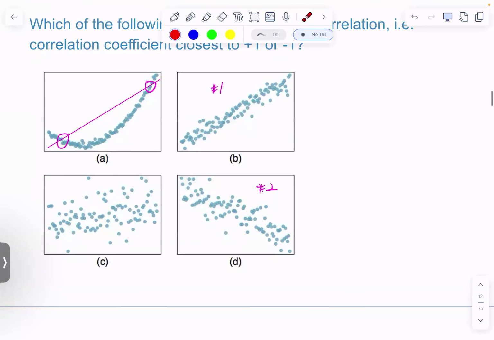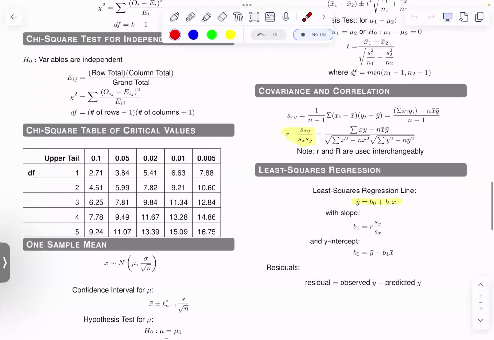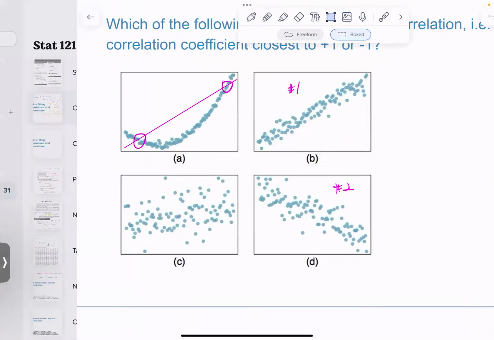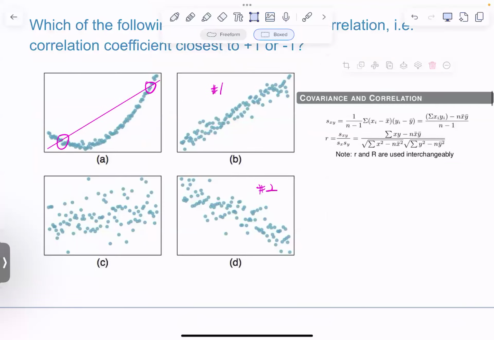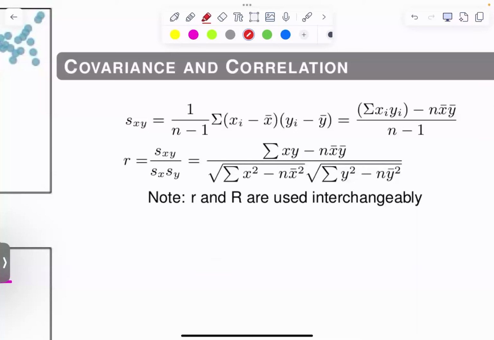I do want to bring in, on your formula sheet, I'll erase that briefly. We have all this information. Couple of things. We are only going to use this version.